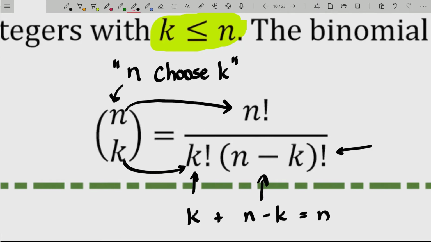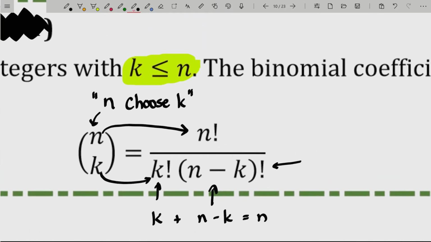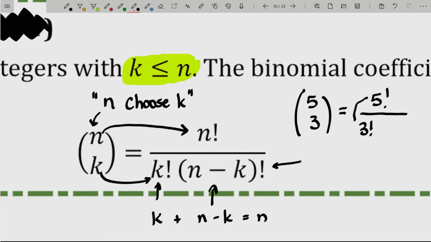So when you see this in practice, it's really very nice, because if I said what's 5 choose 3, mathematically that's 5 factorial over 3 factorial. And the big question is, what do I put in? I know I put something else in that denominator. Well, it's just this 5 minus that 3. That's all it is. So it's 2 factorial. That's a really good, fast way of thinking about it.